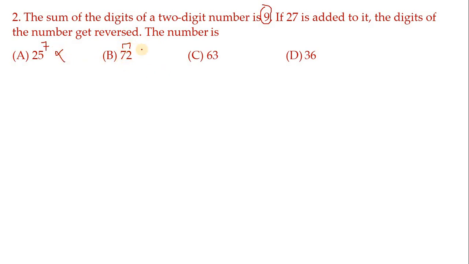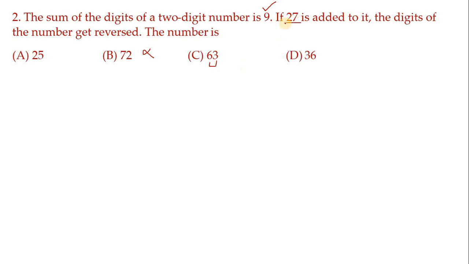Add 7 plus 2, we are getting 9. Now 27 we want to add to 72. If you add 27 plus 72, how much will you get? We get 99. The reverse of 72 is 27, but we are getting 99, so this is also not correct. Next come here. 6 plus 3, it is giving 9, children.